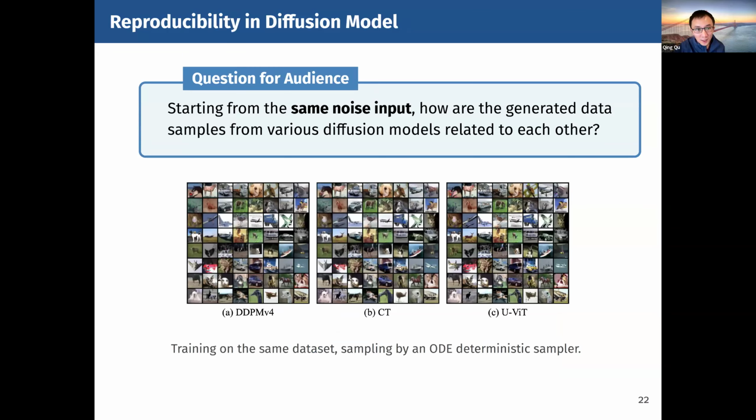So what we visually find is that when you do an experiment under such a setup, the diffusion models are able to generate almost the same images from the same random seed. In the results we showed here, the first on the left is a U-Net-based model, on the right is a transformer-based model, and in the middle is a different training loss, where we use a consistent training loss.